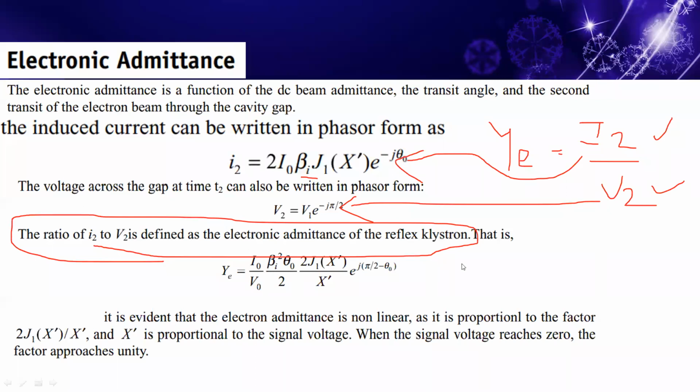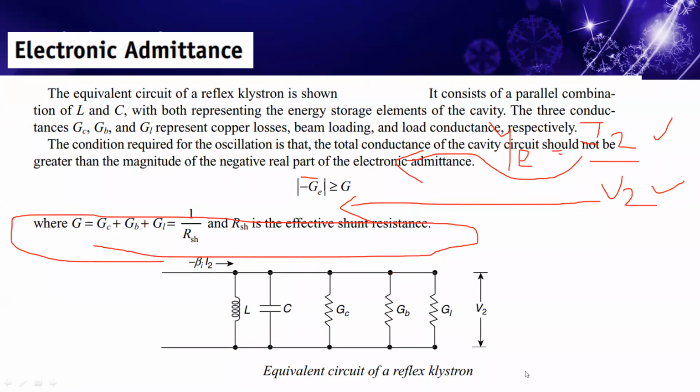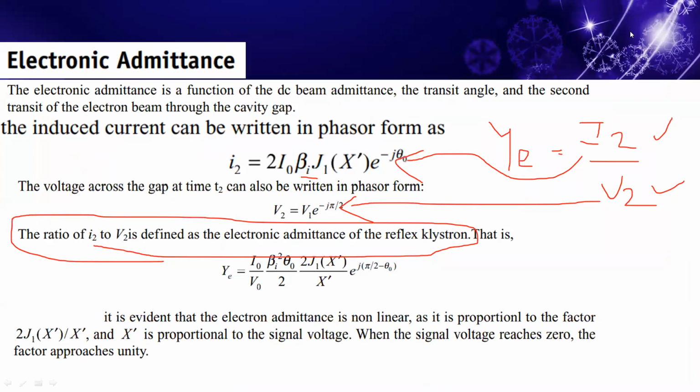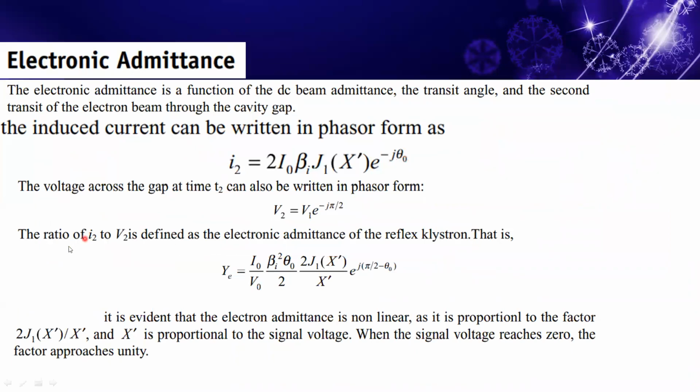This is a very important phenomenon. That is why the ratio of I2 to V2 is represented here as YE admittance, I2 by V2.